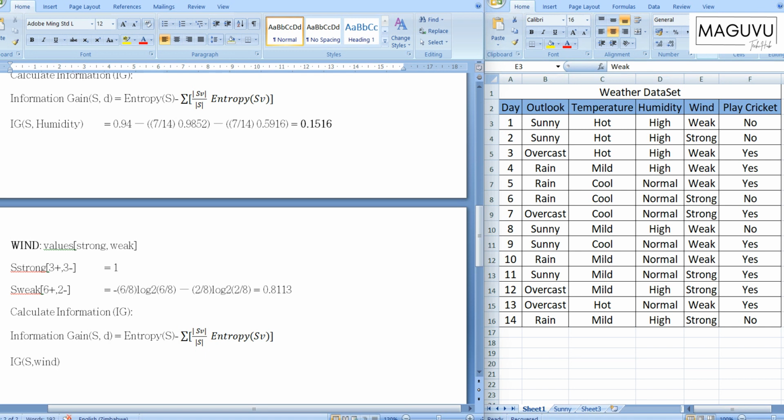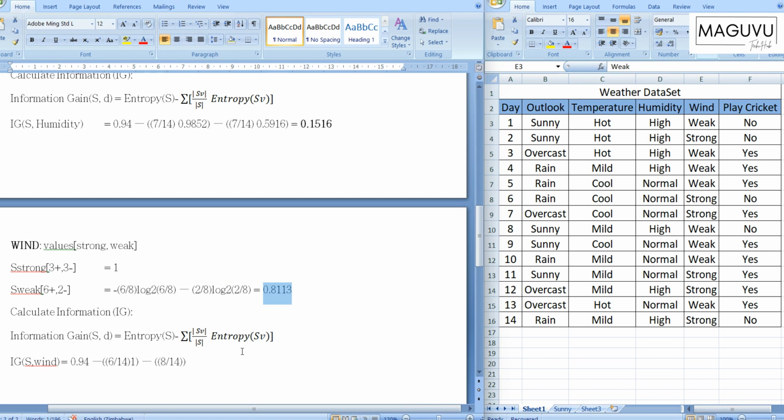This gives us the entropy of the whole data set S, which is 0.94 as we calculated initially, and then we consider strong, and the proportion of strong is 6 divided by the total number of rows of the whole data set, multiplied by the entropy, which is 1, and then we also consider the next value, which gives us a total of 6 plus 2, which is 8 divided by 14, multiplied by the entropy of weak.